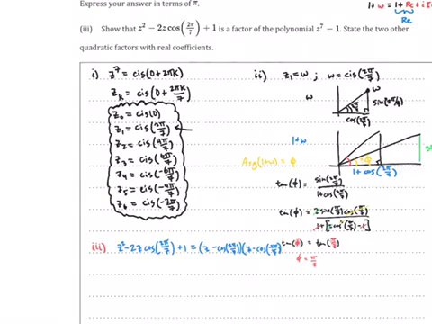I think we can agree that we would see z squared and negative 2z cosine 2 pi over 7. But let's multiply negative cosine 2 pi over 7 and negative cosine negative 2 pi over 7. Okay, so let's do that over here.